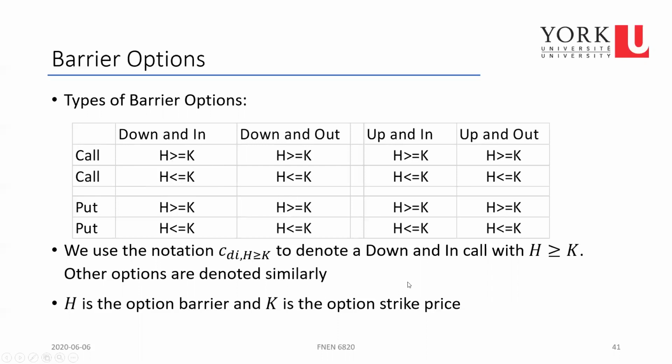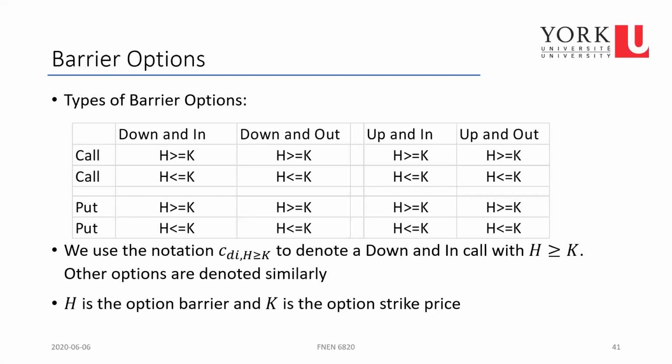Okay, so how do we denote them? We have a notation that C is for call, down and in, with the barrier greater than or equal to the strike price. If we have a put, we have a P here, down and in. And if it's down and out, we have DO. So here it can be a C or a P for call or put.